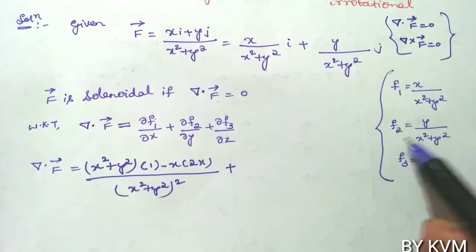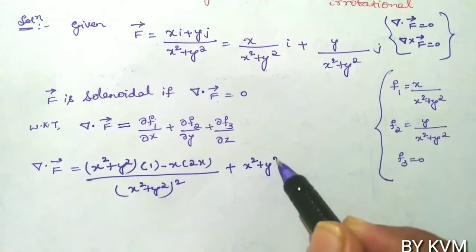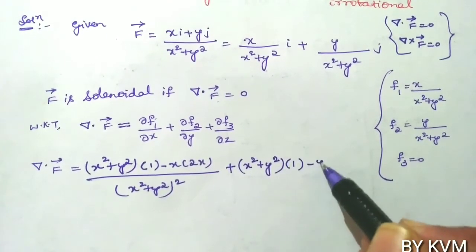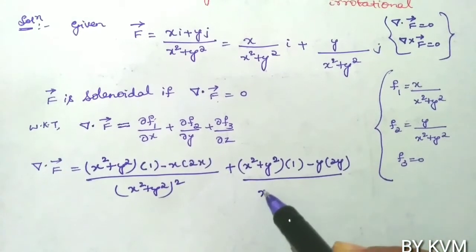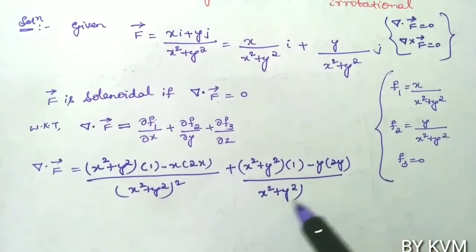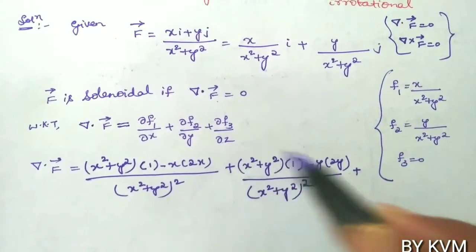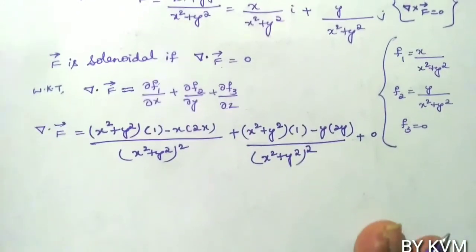So x is constant. So (x² + y²) into (1 − y into 2y) by (x² + y²)² plus ∂f3/∂z. f3 is 0, so ∂f3/∂z is 0.